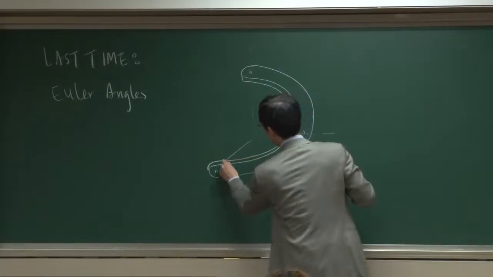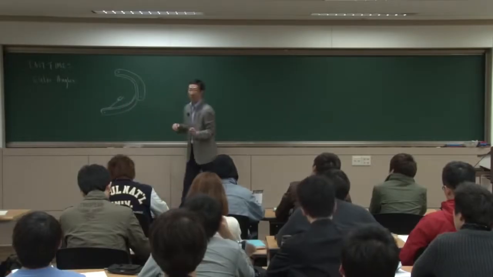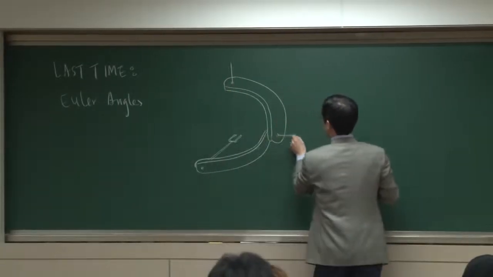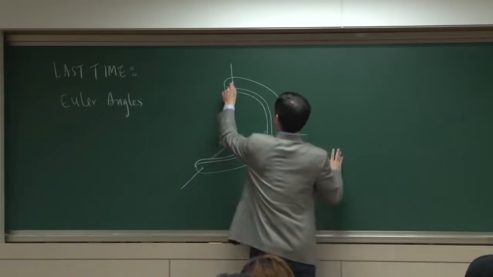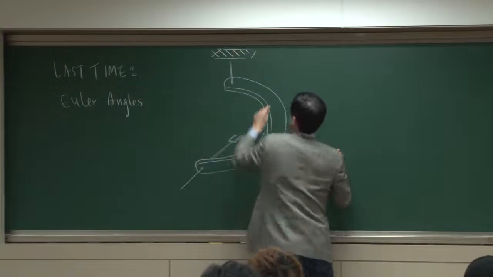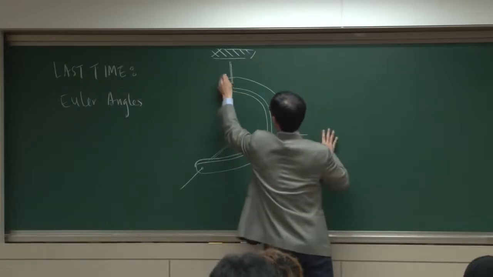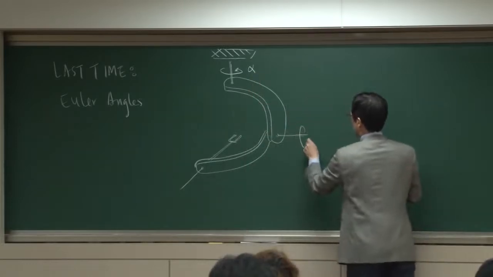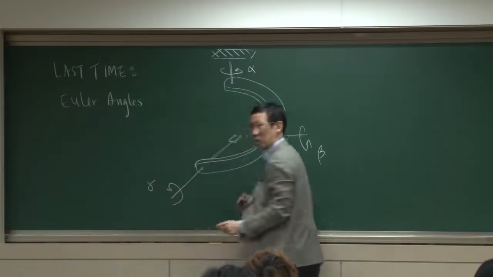Here's the end effector or gripper. It has 3 rotating joints, and let's suppose that this joint here is attached to the ceiling. We rotate about this axis by an angle, say, alpha, rotate about this axis by beta, and rotate around this axis by angle gamma.